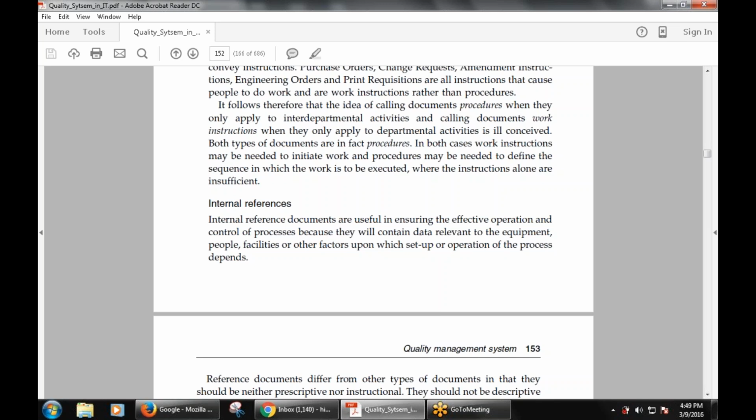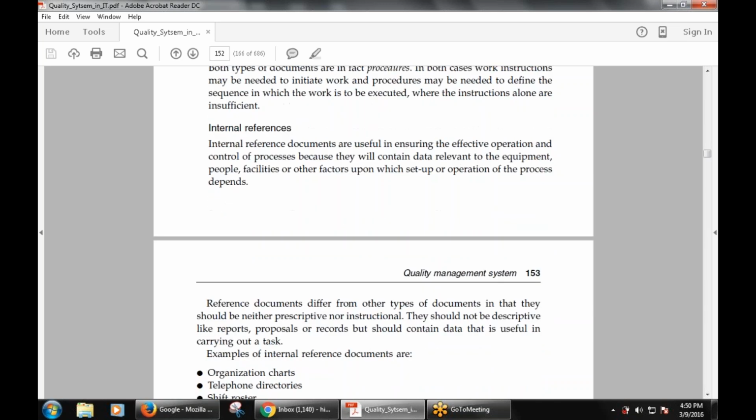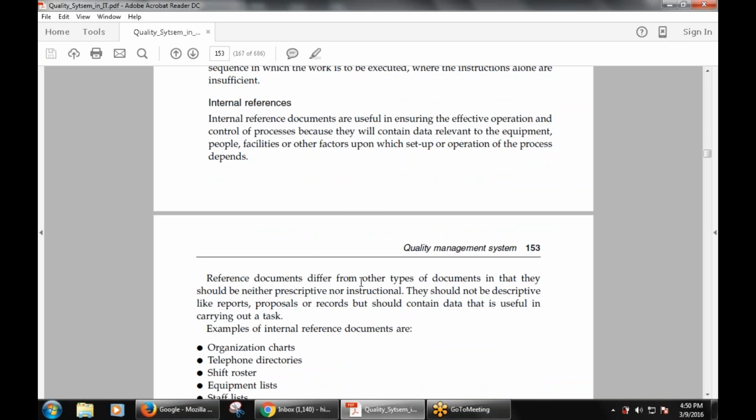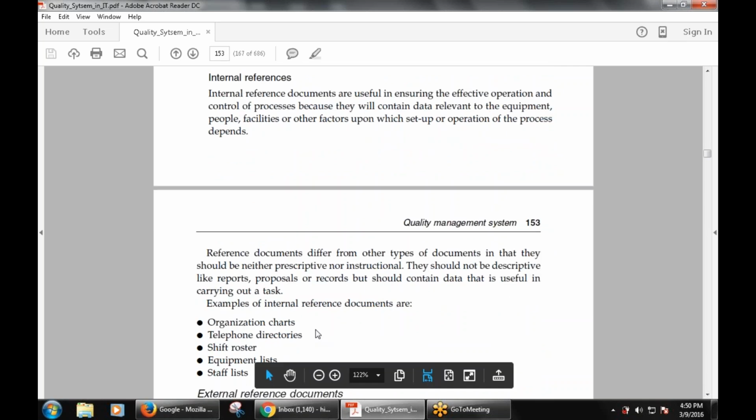What are the various factors that will be depending on the document, that are the internal reference documents that are useful in ensuring the effective operation and control of processes, because they will contain the data that is relevant to the equipment, people, facilities or other factors upon which the setup and operations of the process depend. Now, reference documents differ from other types of document, because they should be neither prescriptive nor instructional.